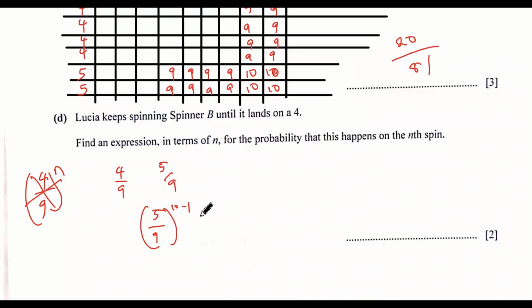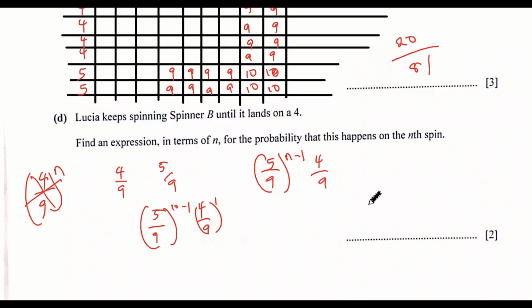Then the 10th one that is now successful will be 4 out of 9 to the power of 1. So to generalize it now, it will be 5 over 9 for the failure, raised to n minus 1, multiplied by 4 out of 9 for the one that lands on a 4.